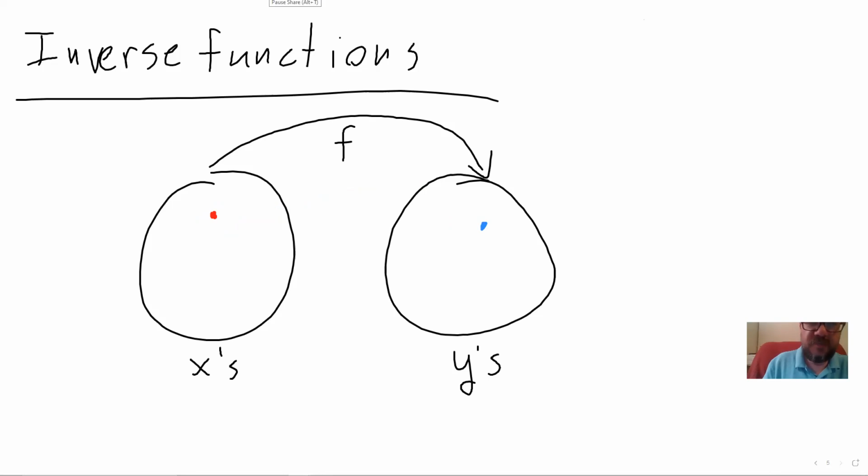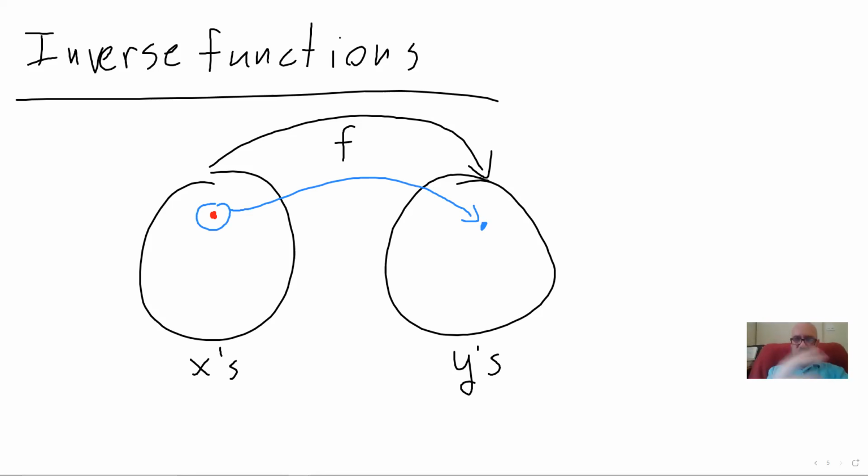I want to leave f as blue. Sorry, I'm having some second thoughts about my presentation here. So we take this function that we're calling f, and we do it to an x, and it gives us out a y. You knew that already.